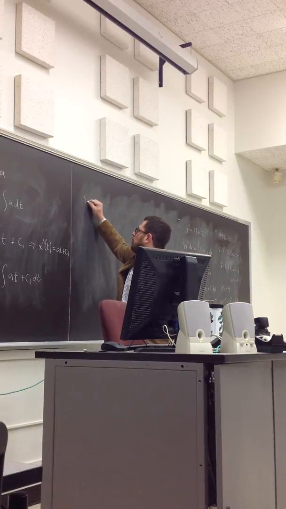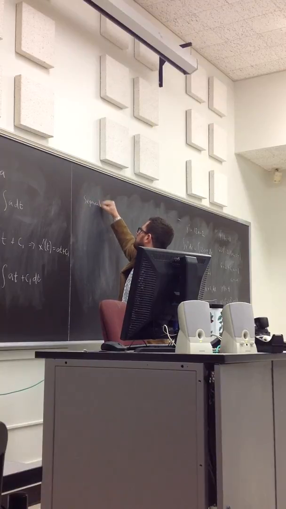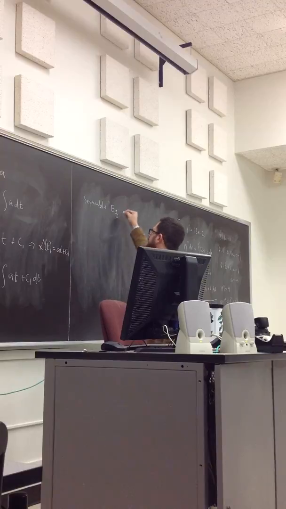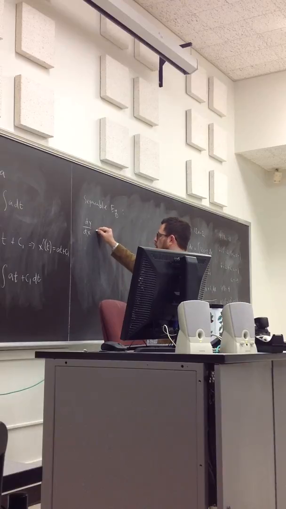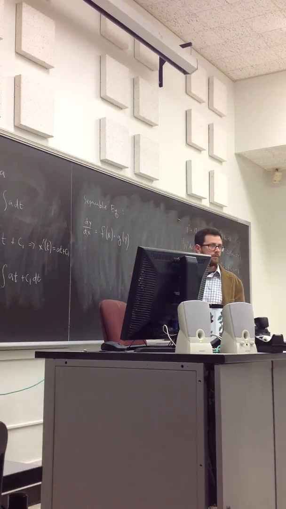A separable equation is one that's dy/dx, and it looks pretty close to the most general form. Instead of f of x, y, it's f of x times g of y. You can find more in the textbook if you're interested.